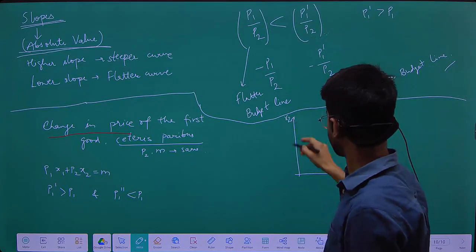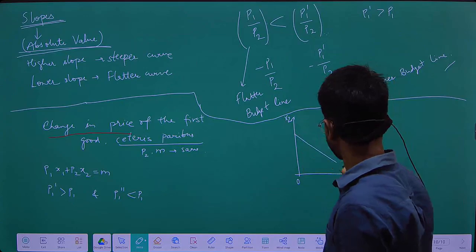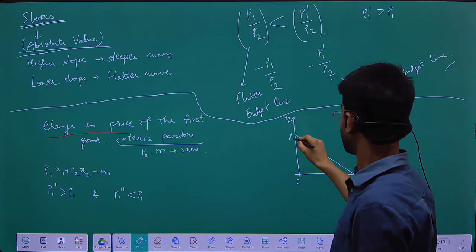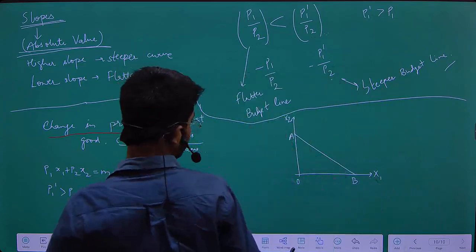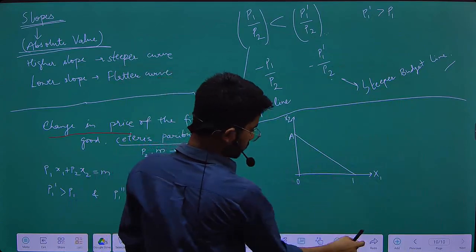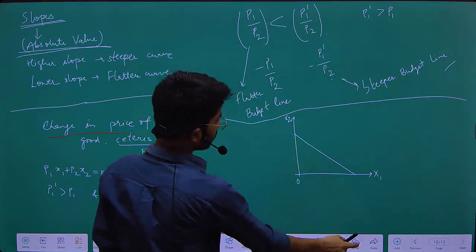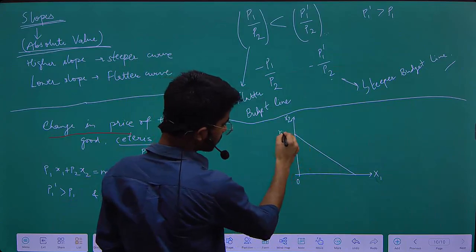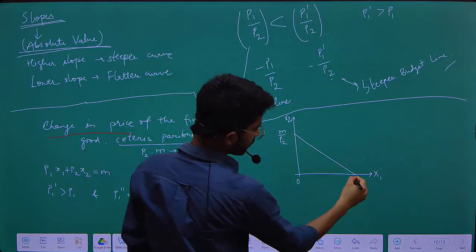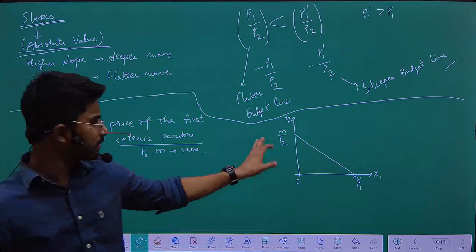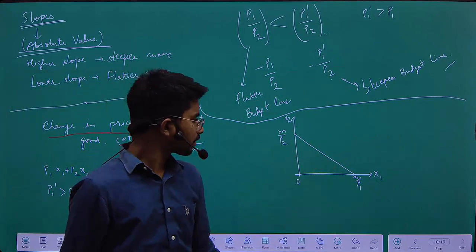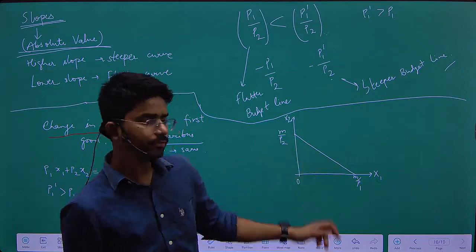You had the original budget line looking like this, A and B here. Okay, let's remove A and B. So we have to write this as M upon P2 and M upon P1 to remove the confusion for points A and B.